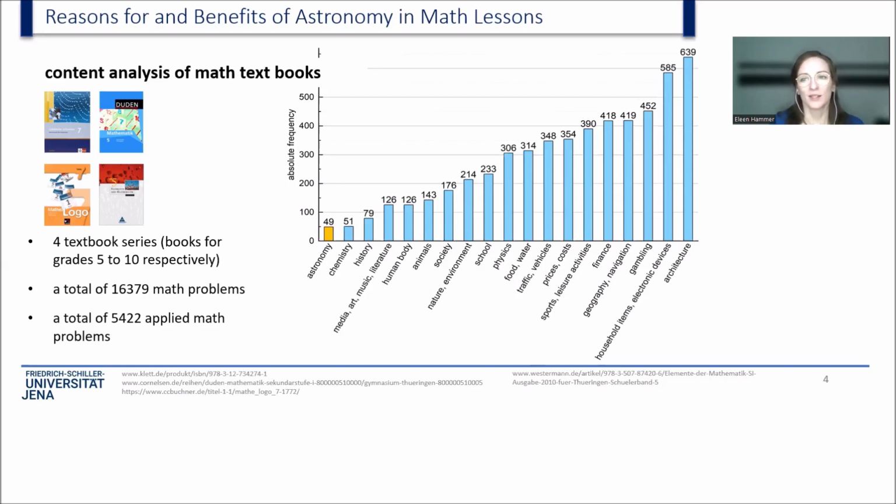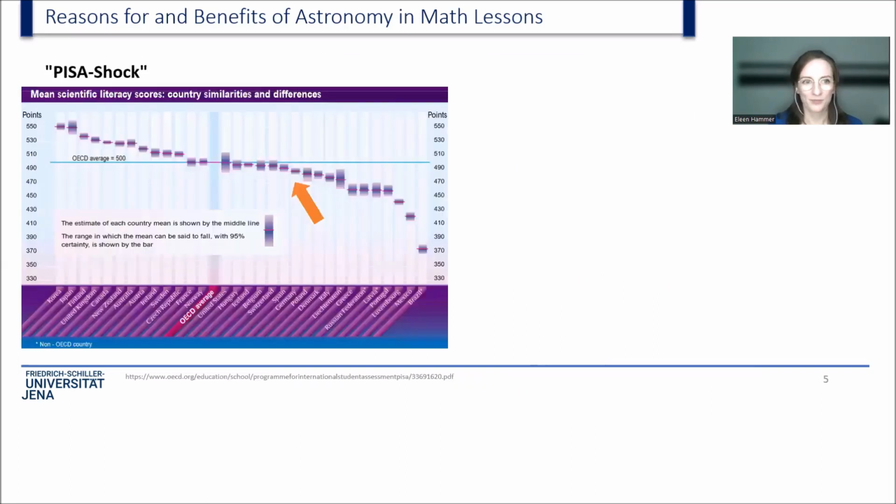And also the timing was just right, because in the year 2000, or then after publication 2001, Germany suffered what we call the PISA shock, because we were below average in all of the tested categories.